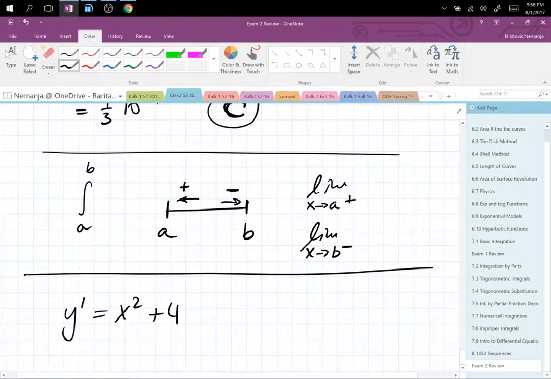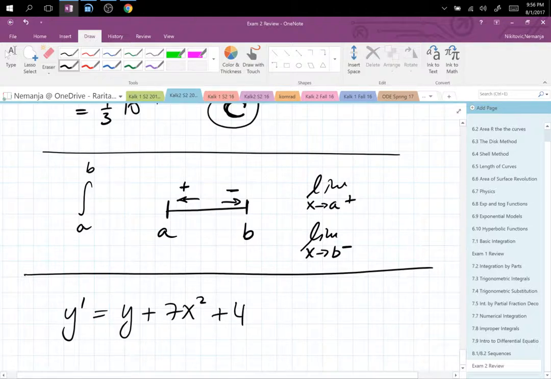That's the differential equation. I'm really sorry, but it's y prime is equal to y plus 7x squared plus 4. So y prime is equal to y plus 7x squared plus 4.